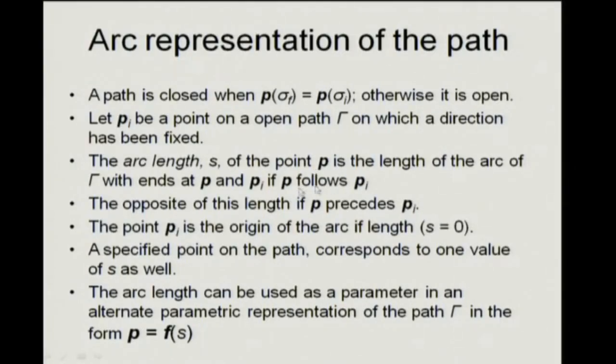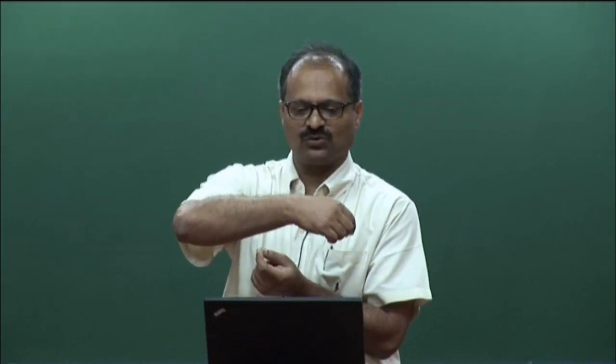It is the length of the arc of the curve which ends at P and Pi, if P follows Pi. So you have a Pi, and then P comes after that. That is the crucial thing.